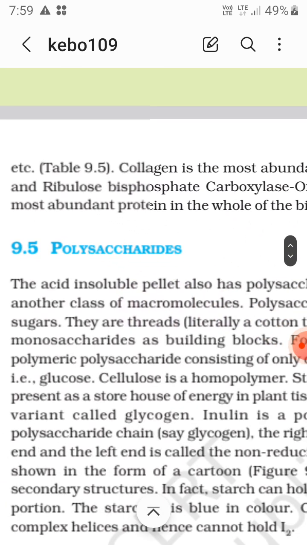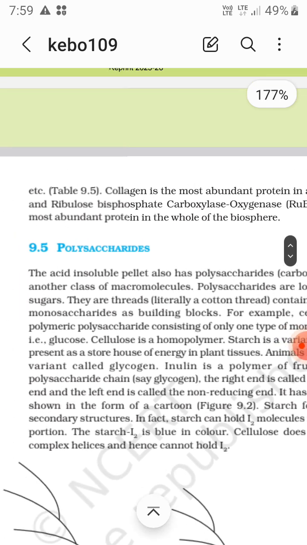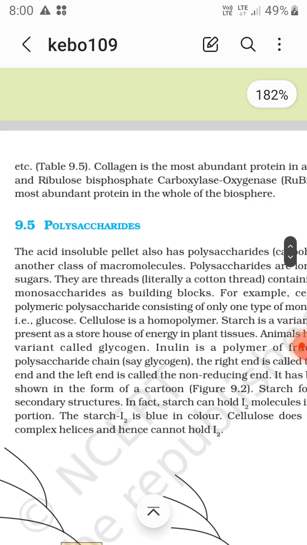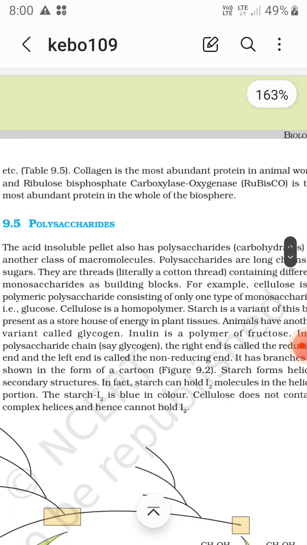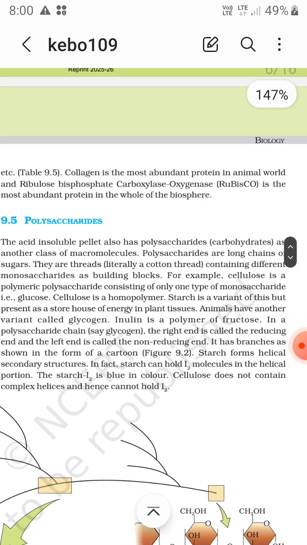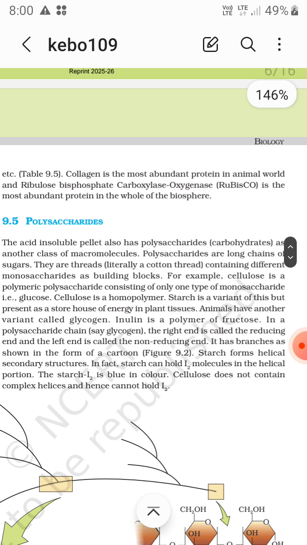Now coming to the polysaccharides. The acid insoluble pellet also has polysaccharides, the carbohydrates, as another class of macromolecules. Polysaccharides are long chains of sugars. They are the threads.